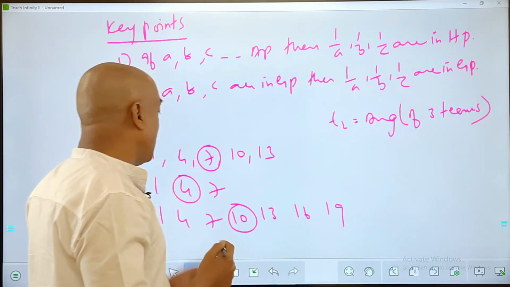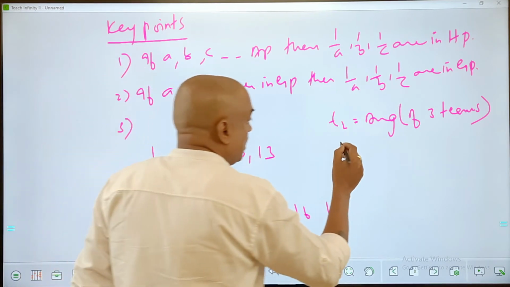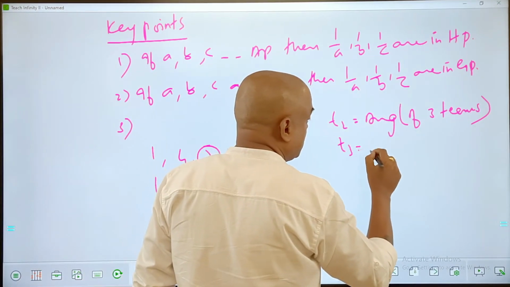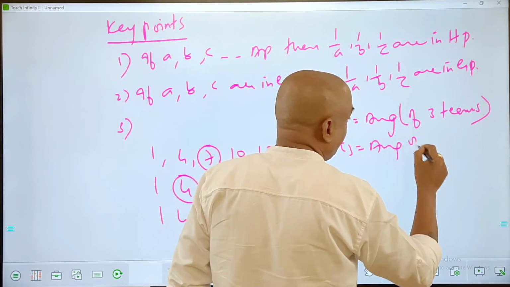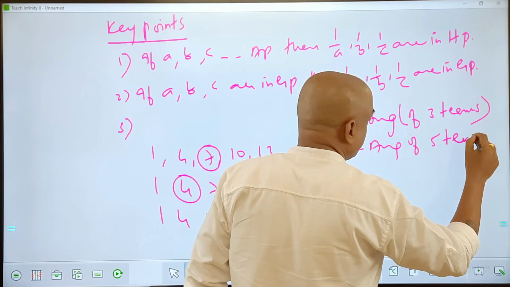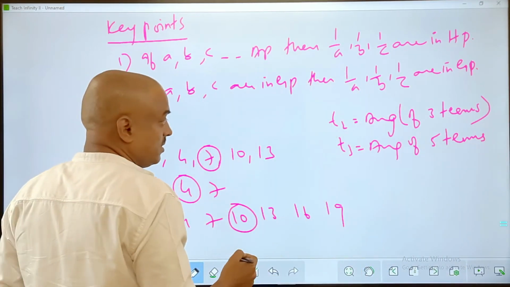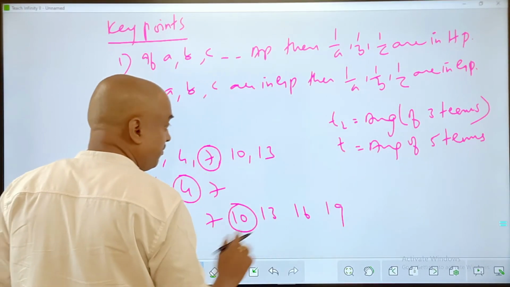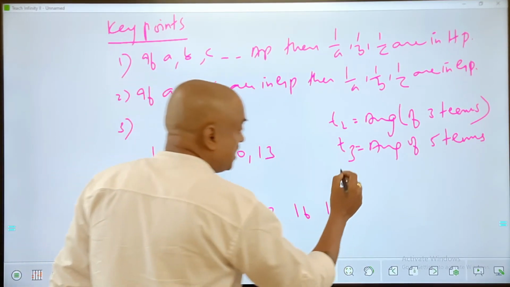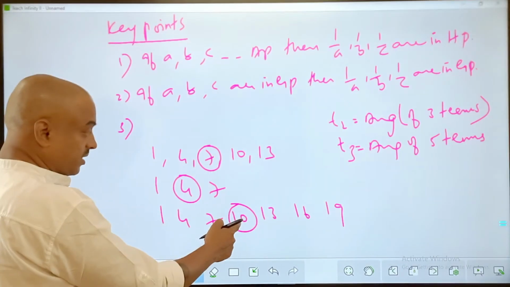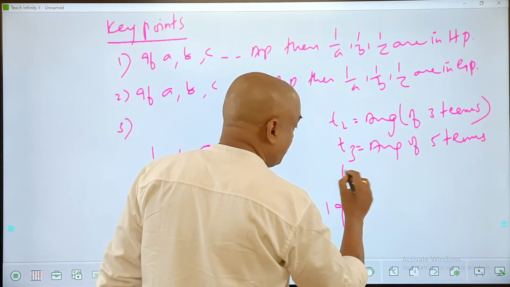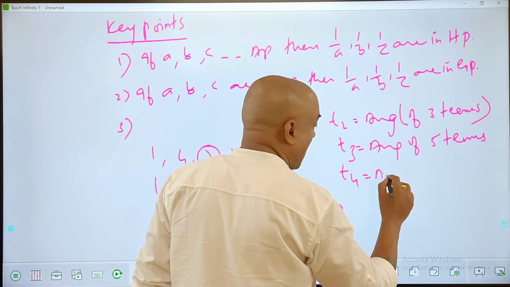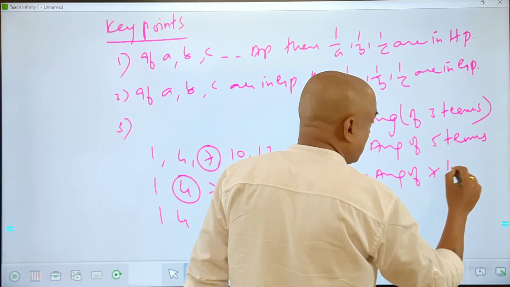Second term is an average of three terms. Your third term is an average of 5 terms. Fair enough? Similarly, you can see here, fourth term is an average of 7 terms.